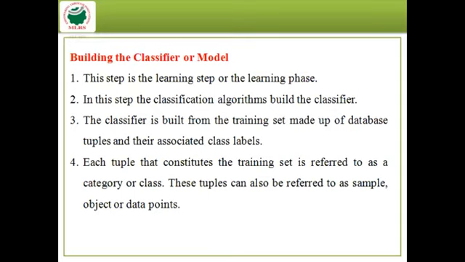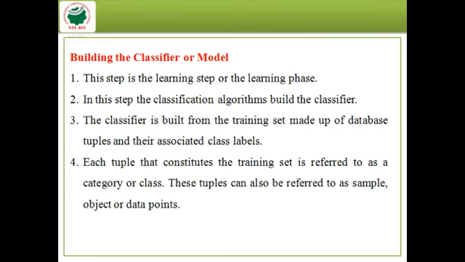Second, in this step, the classification algorithms build the classifier. Third, the classifier is built from the training set made up of database tuples and their associated class labels. Fourth, each tuple that constitutes the training set is referred to as a category or class.